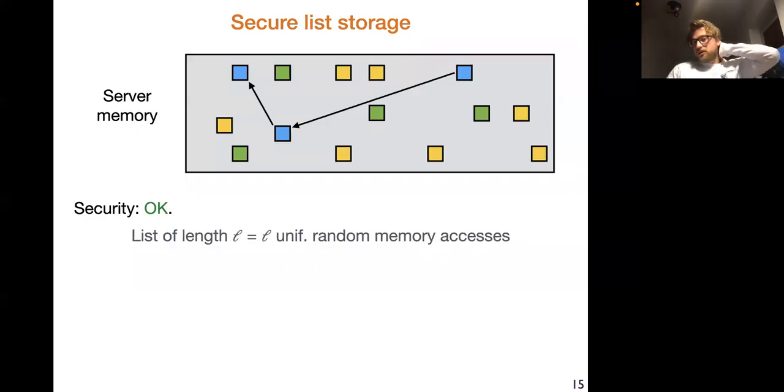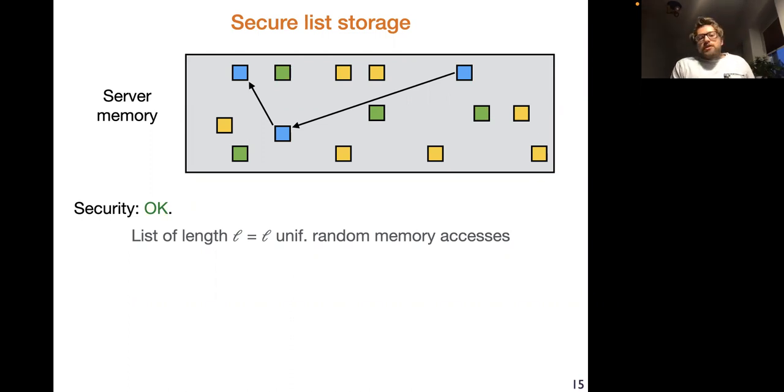And actually, you can show that this is secure. I haven't gone into too much detail here, but if you fill out a bunch of details, it's not that hard to see that this is secure, at least with the standard leakage that I've mentioned before.